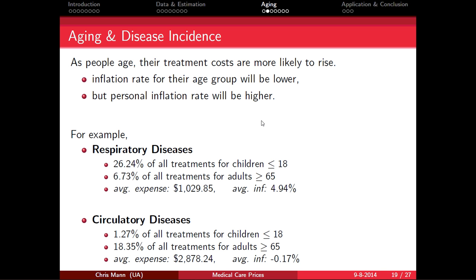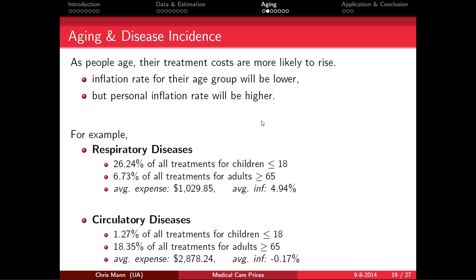Whereas if we go down to circulatory diseases, so things like hypertension, angina, heart attack or heart failure, only about 1.2% of all treatments for children 18 and under are circulatory type diseases. Whereas for adults, it's the most common disease category at 18%.